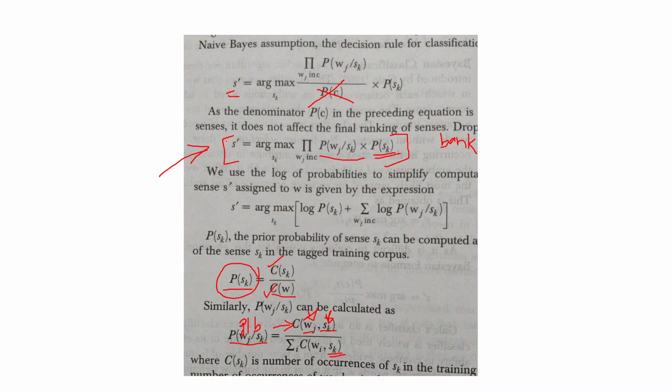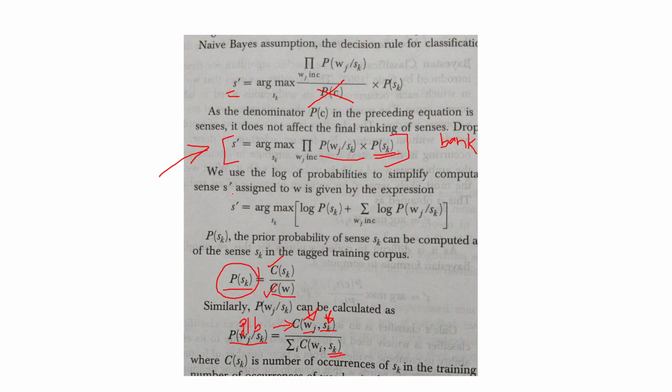This is repeated for all the senses because there are K senses. In the case of bank, we might have bank as a financial institution, bank as a river bank, or bank as a verb, banking on a person. For all of these you calculate this value, and the one with the highest probability, you assign that sense to the word.